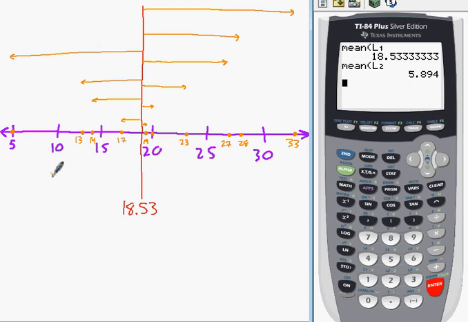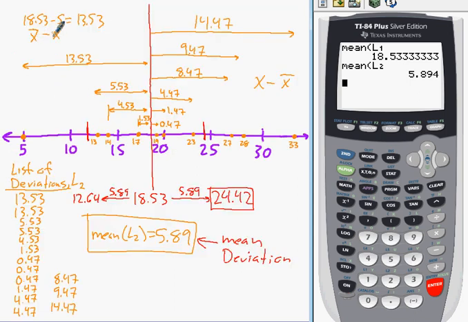As we talked about a moment ago, when dealing with the calculator we had to use absolute value as a way of dealing with this issue of positive and negative. Doing it by hand, we just change the order. Well, it's hard to do that on the calculator, so we used absolute value to do it this way. Well, there's another way of dealing with that whole negative number issue and making sure we don't have those negative numbers.